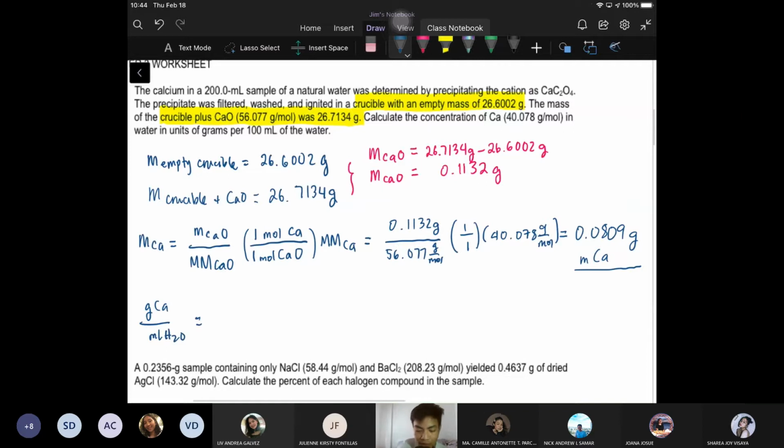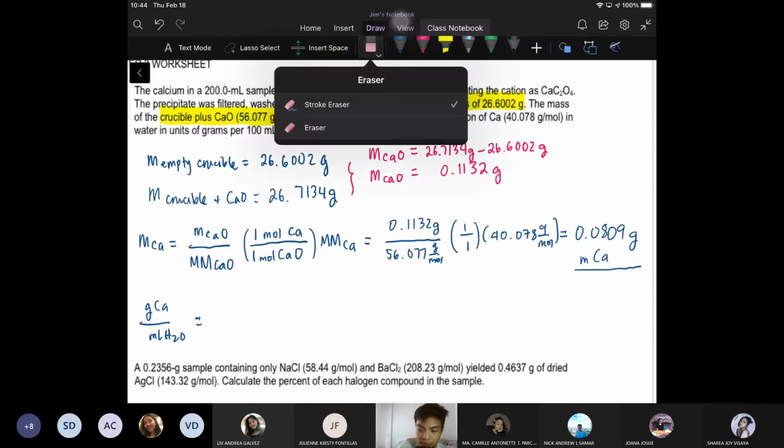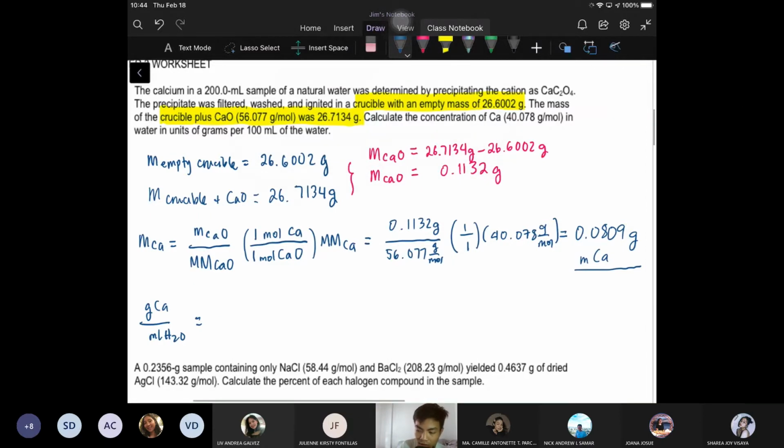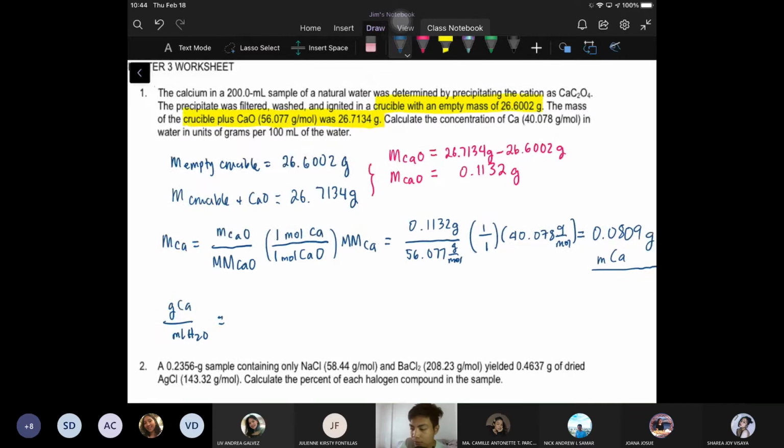How is that done? You divide the mass of your calcium, this 0.0809 grams, by the mL of our sample. Usually at the end of gravimetric problems, you divide your mass by the sample mass. That's what we usually do here. So you divide the mass of your calcium by, in this case, the sample volume.